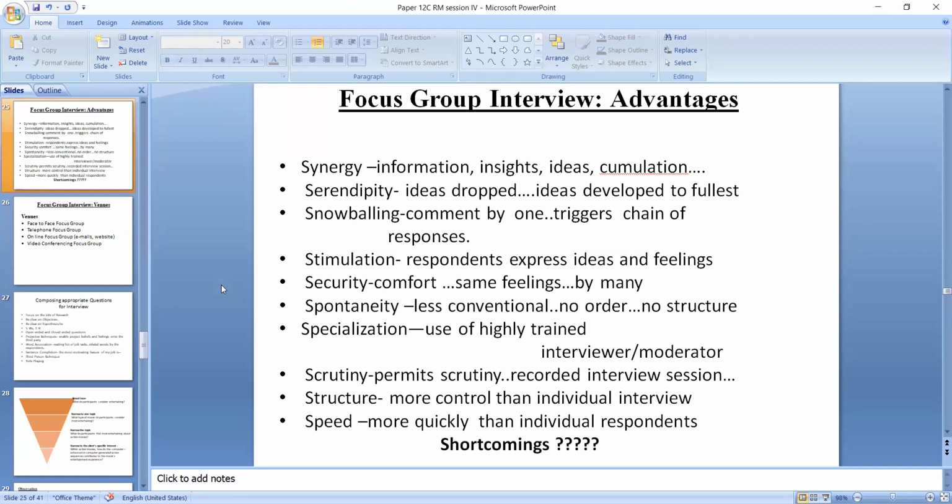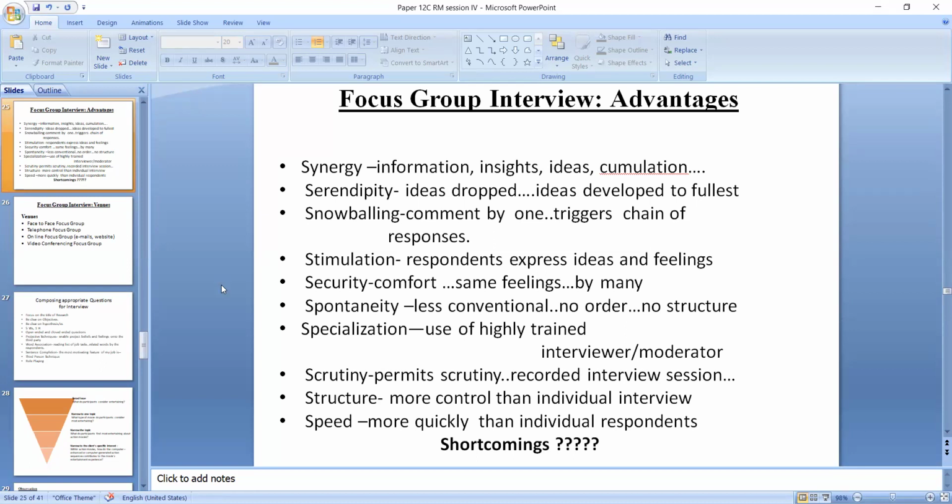So many dynamics come in, unexpected information comes up, deep insights, different ideas. So synergy regarding ideas, accumulation, insights, information happens. So ideas get developed to the fullest, from one reference to another reference, from one question to another question.